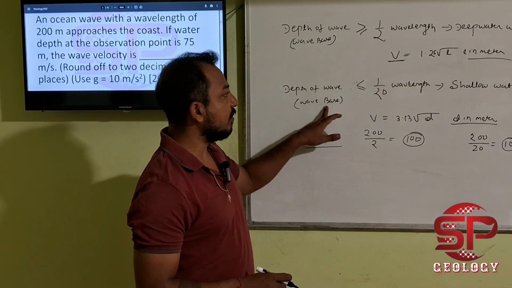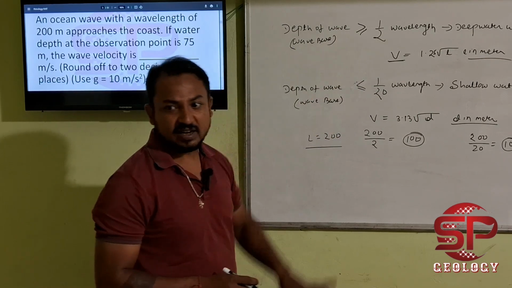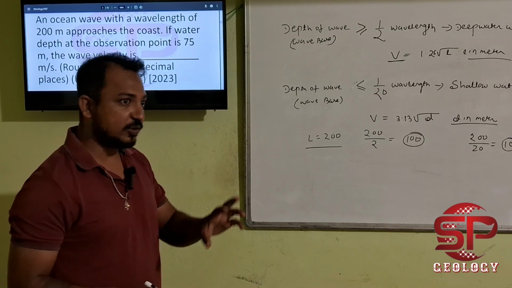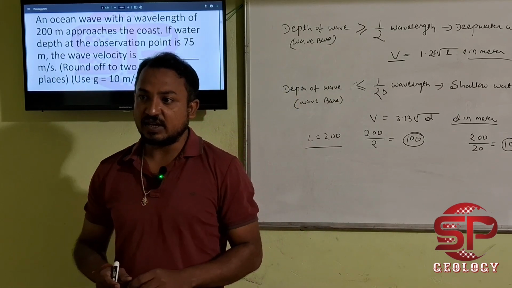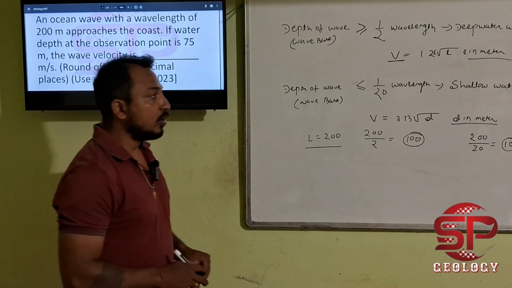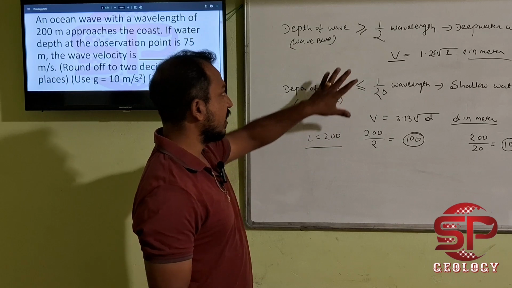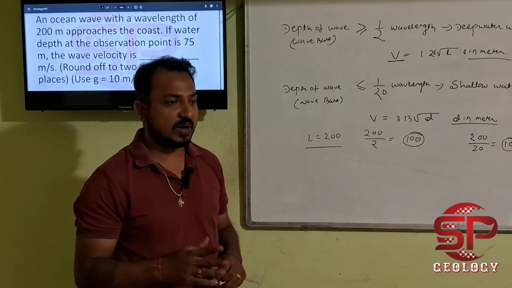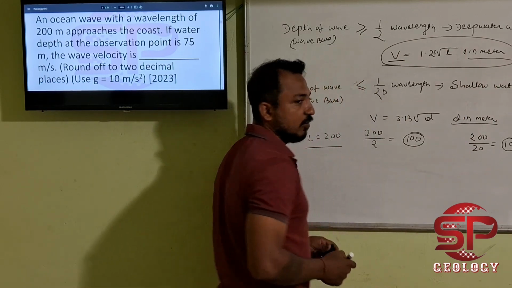So the depth is greater than the shallow water limit and less than the deep water limit, so it will be within the transitional zone. There is no velocity calculation formula for this, but the deep water formula is taken for velocity calculation.